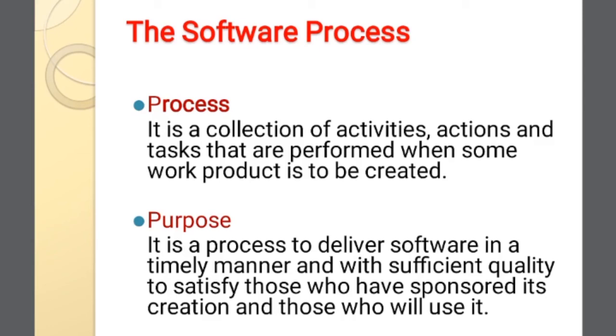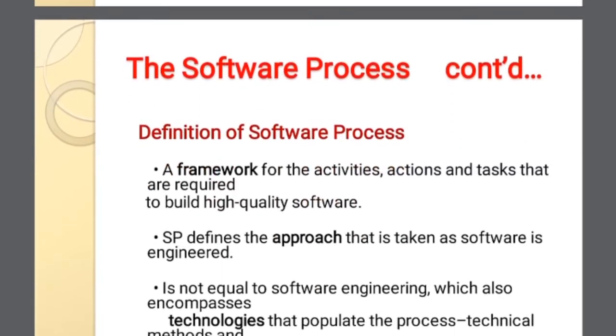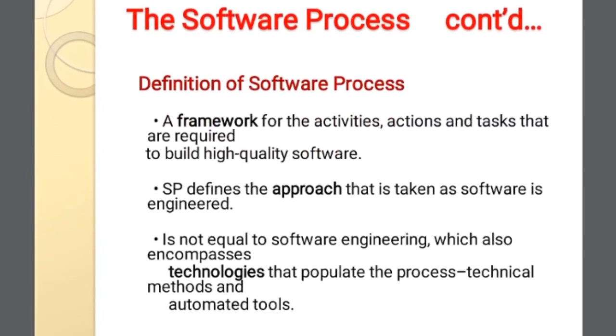So it's a framework for the activities, actions and tasks that you need to build high quality software, and software process defines the approach that is to be taken as software is engineered. Okay, this software process is not equal to software engineering, because it encompasses technologies that populate the process. These are the technical methods and automated tools.